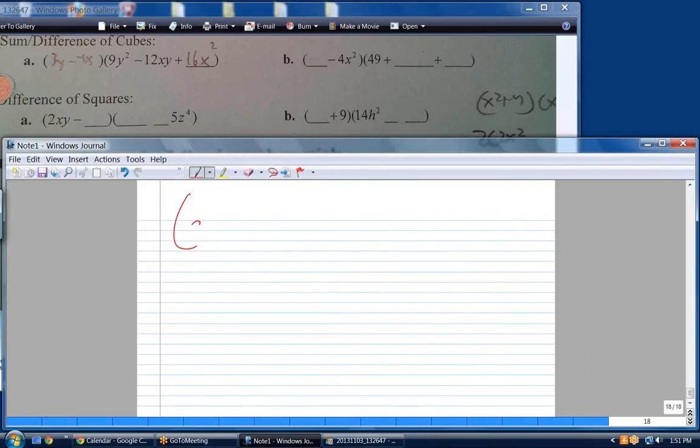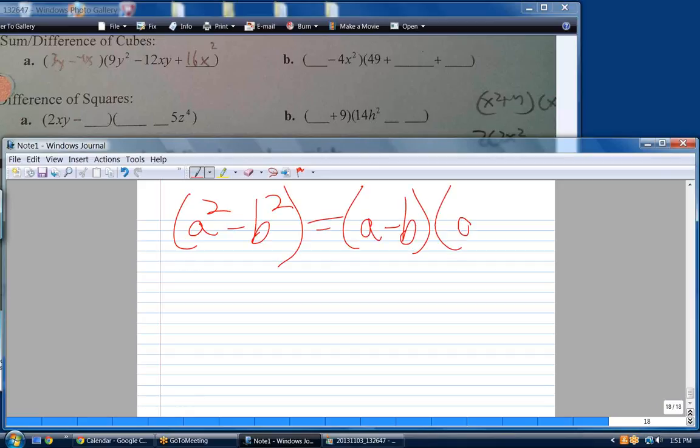In other words, what we're looking at here is this, right? That's by definition difference of squares. And that's equal to a minus b times a plus b. So in this case, they're saying that this is difference of squares. There's the a minus b.